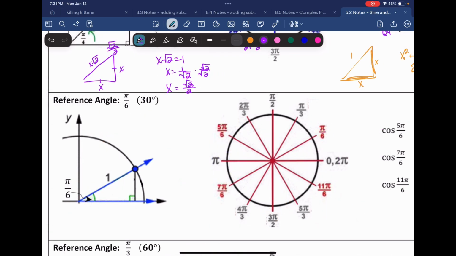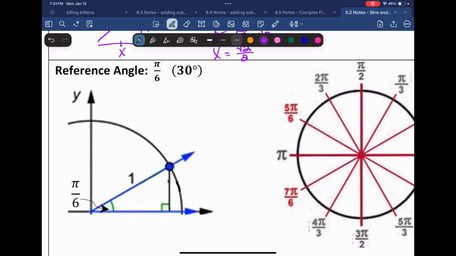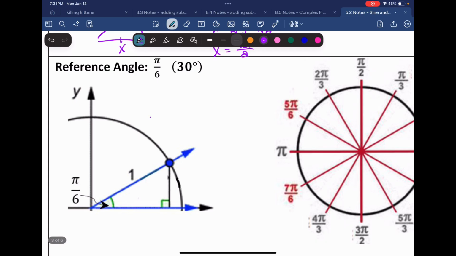So in our second section, our reference angle is going to be pi over 6. These are our 30-degree angles. All right, well, you think back to our special right triangles way back when. 30-degree angles, right? Everything revolves around the short side. So x, hypotenuse is 2x. The side across from your 60 is your x root 3.